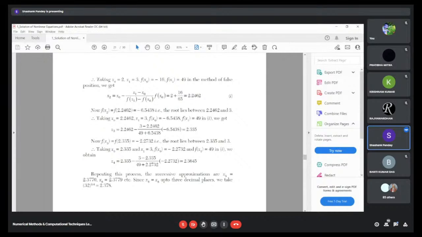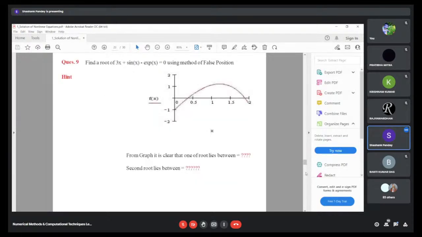So has anyone given the answer for this question? 2 point, okay, 4. Okay, anyways, you have tried it, that's good. So can you solve this problem?